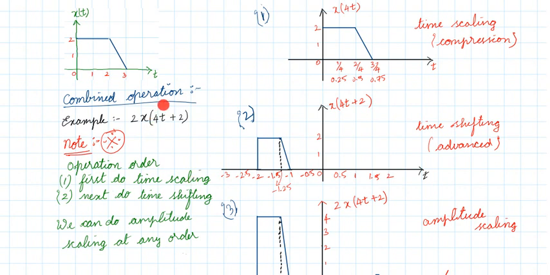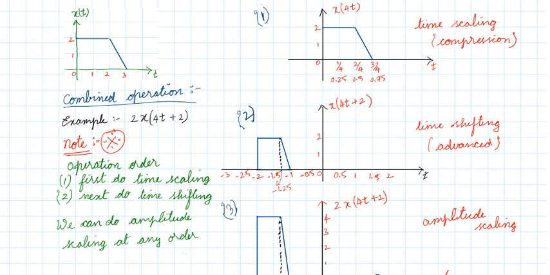First you find x of 4t. The concept I have said is that x of at means divide all time by a. So x of 4t means divide all time by 4. Here I have divided 1 by 4, 2 by 4, 3 by 4, which are 0.25, 0.5, and 0.75.